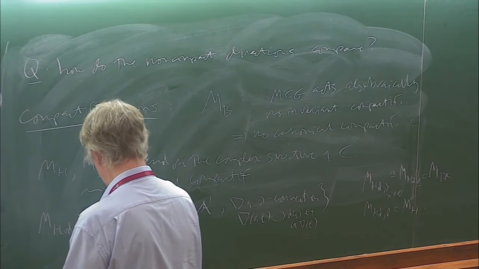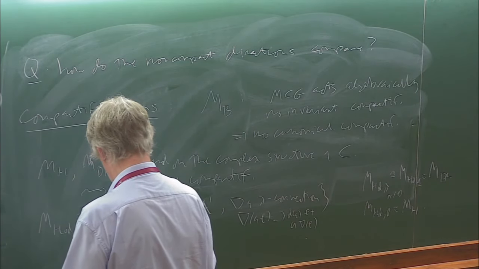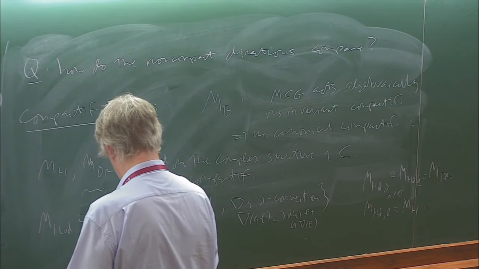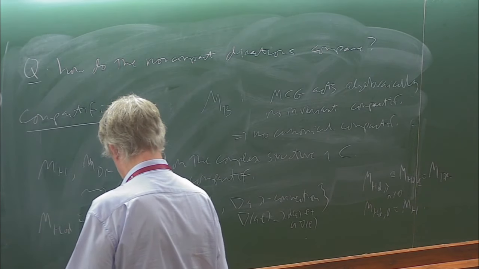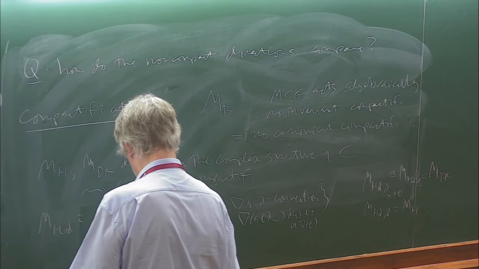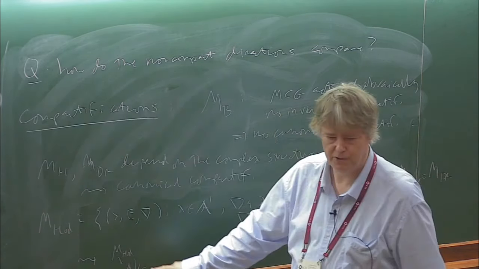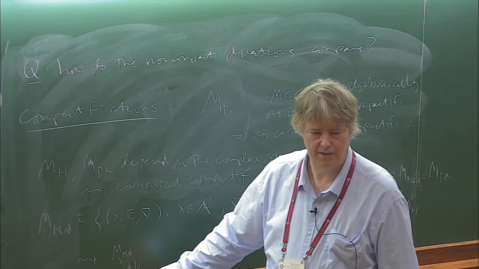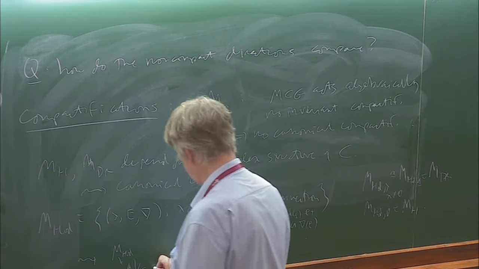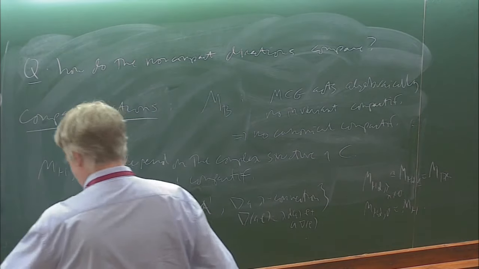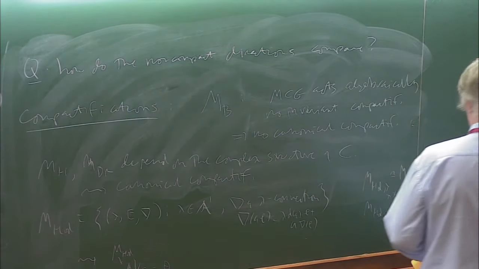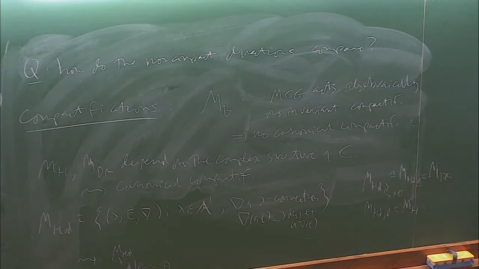We got a filtration. In other words, we get a family of spaces parameterized by the stack A1 mod Gm, which is Daniel's statement. So we get a filtration in the category of schemes, not projective, just schemes.